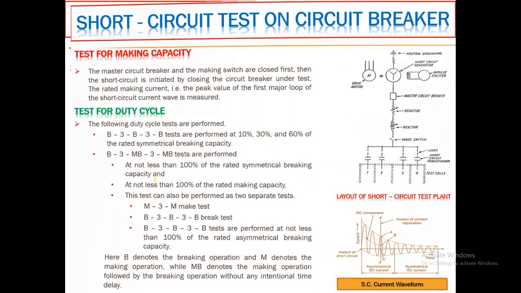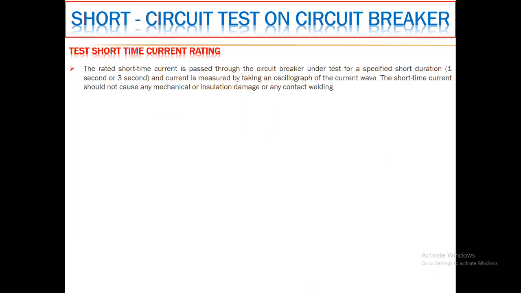One last test: the short time current rating. The rated short time current is passed through the circuit breaker under test for a specified short duration, 1 second or 3 seconds, which usually depends upon the ratio of the breaking capacity to the rated current. The current is measured by taking an oscillograph of the current wave.